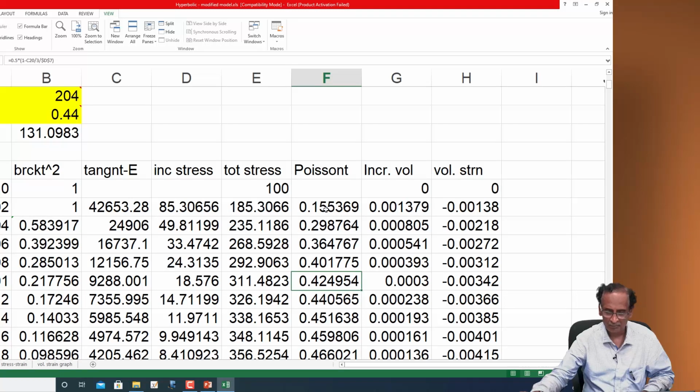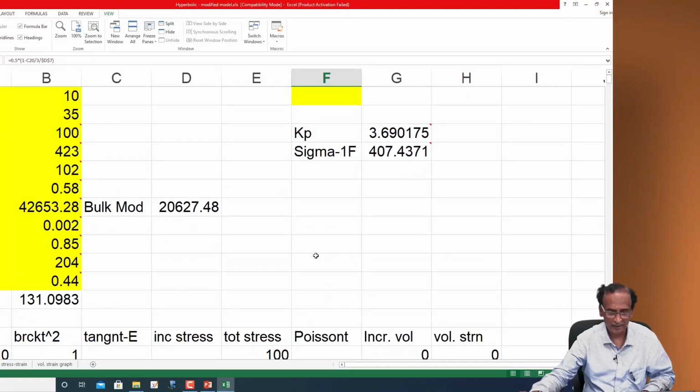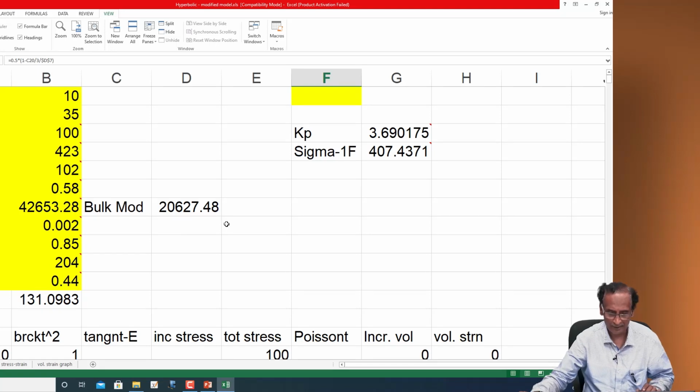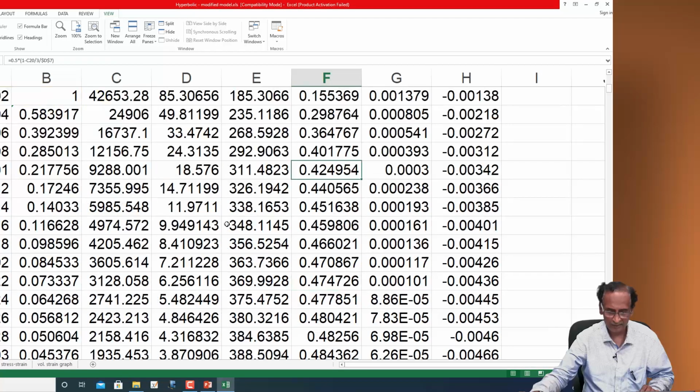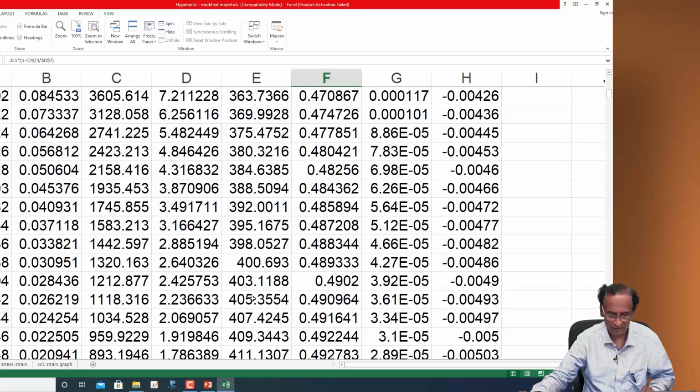So our Poisson's ratio will go on increasing, and our maximum limiting axial stress is 407. Let us see. Okay, so here around this 407 we have reached the limit state, and our Poisson's ratio has reached about 0.491.